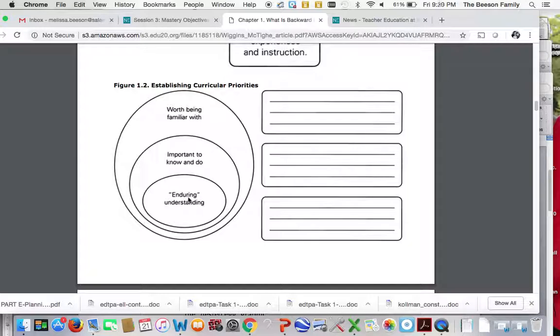They are real world type bigger ideas, whereas important things to know and do are more specific to the content area, and things worth being familiar with are not as important. But the big ideas, they're the core. This is what, if I were to leave the unit, I would hope to have: that big idea, that concept that can travel with me.